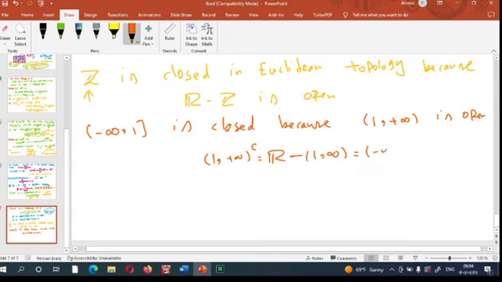So this is a closed set. The complement of this open set is this closed set, and this is a closed set in this topological space.